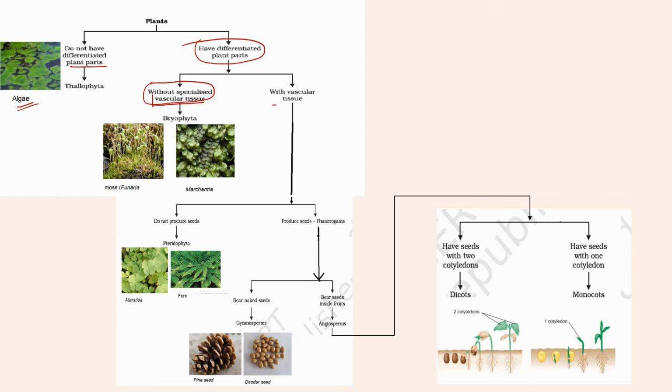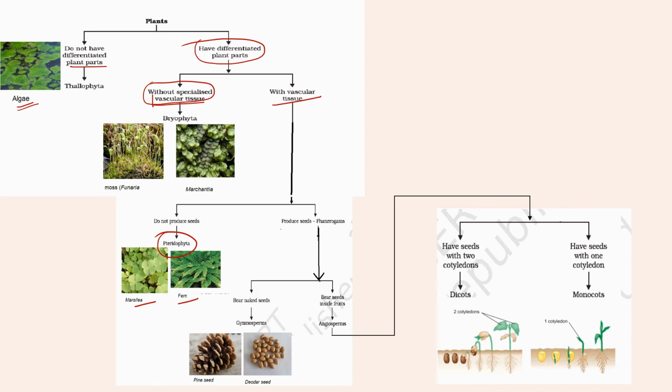Now those having vascular tissue, meaning well-defined tissues which conduct water and food material from one part to another, are pteridophyta. Under pteridophyta, which do not produce seeds, Marsilea and fern are the examples.